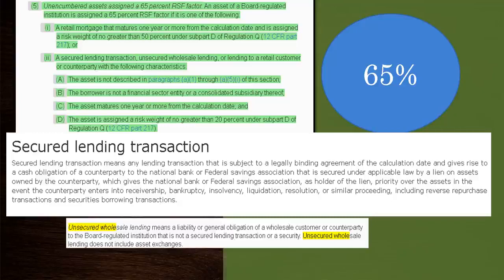And this, of course, gives priority over the assets in the event that the counterparty enters into receivership, bankruptcy, insolvency, liquidation, resolution, or similar proceedings, including reverse repo and securities borrowing transactions. Unsecured wholesale lending means a liability or general obligation of a wholesale customer counterparty to the institution that is not a secured lending transaction or a security. It says that unsecured wholesale lending does not include asset exchanges.